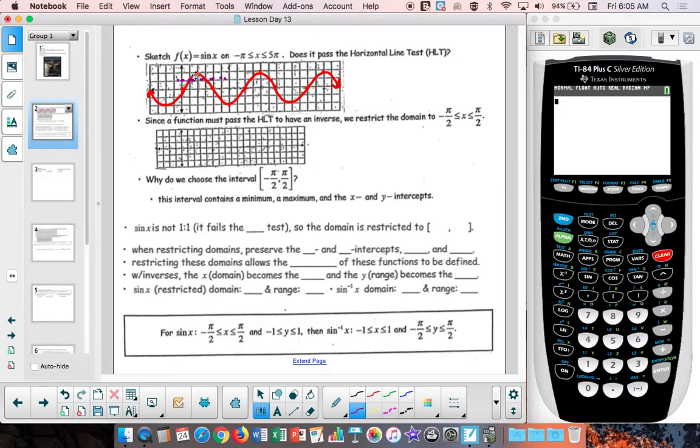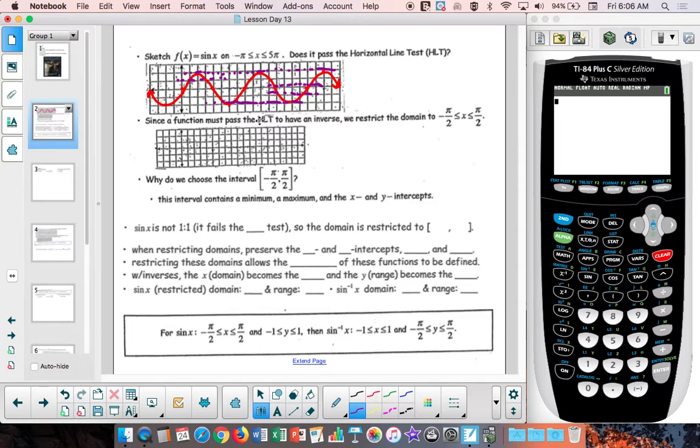And in this case, anything from -1 to 1 is not going to pass because it's going to go through at least 2 points, and it's going to be cyclical. Even if I go through 1, it's going to hit all of those maximums. So this is definitely not going to pass the horizontal line test, just because there's so many horizontal lines that go through multiple points.